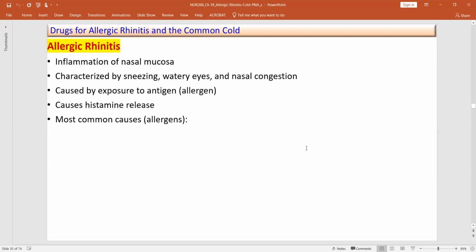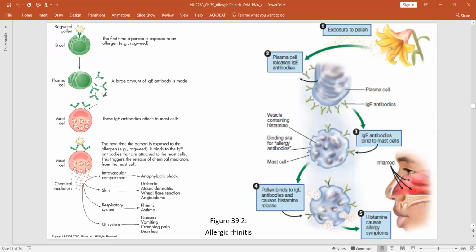Sometimes it's mold spores, mold, dust mites, and certain types of foods also. Patients may develop allergic rhinitis towards animal dander as well, very similar to the allergens that trigger asthmatic attacks.